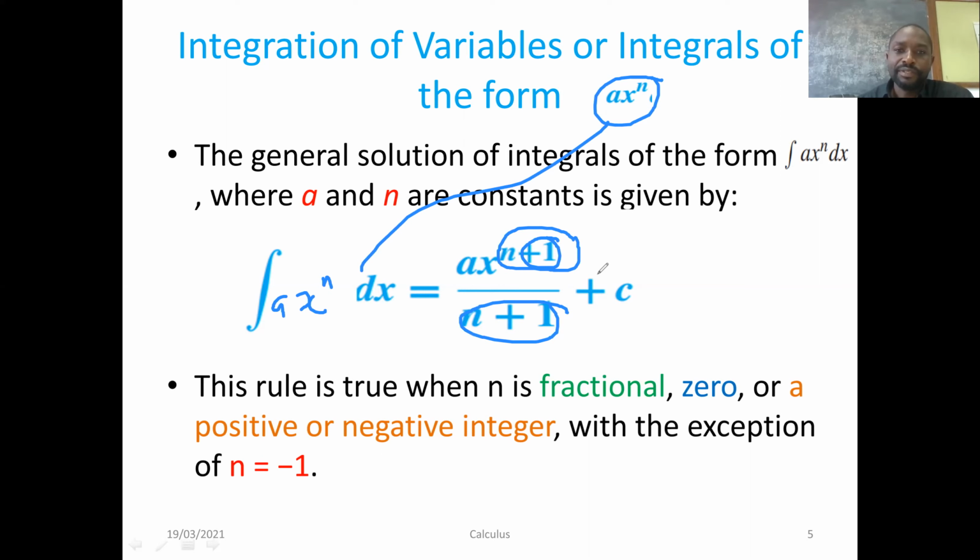And each time we add an arbitrary constant c, as given in this function.